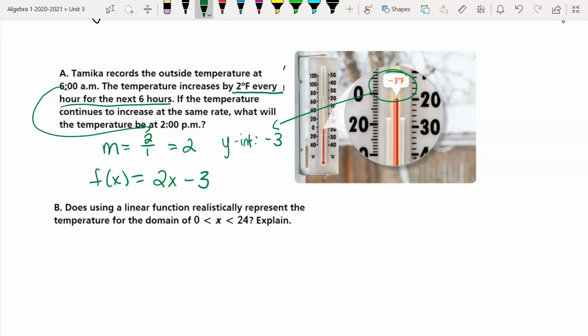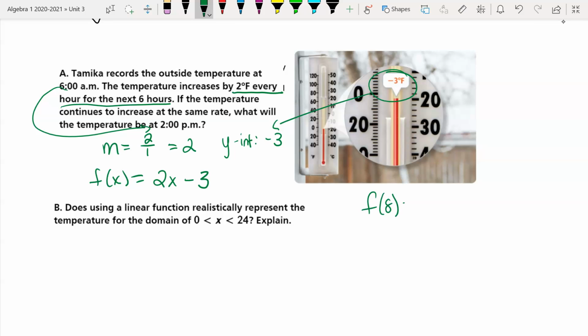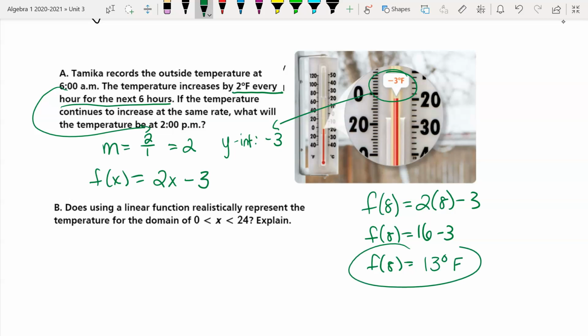So I'm looking at 8 hours here. So what am I going to plug in for x? Well, I'm going to plug in 8. So I'm going to find f of 8. So if I wait 8 hours, hopefully the temperature is 13 degrees Fahrenheit.